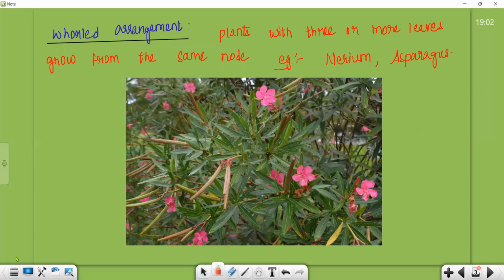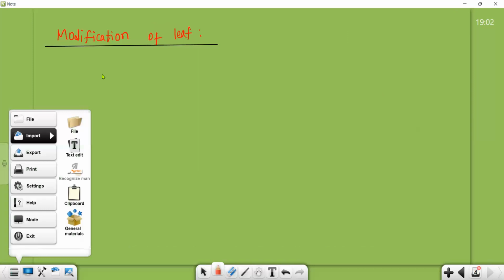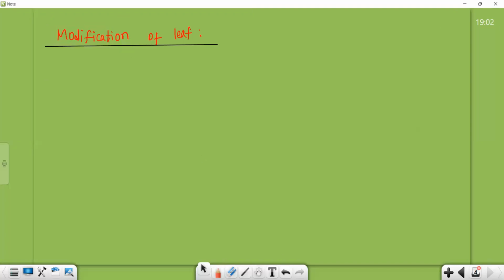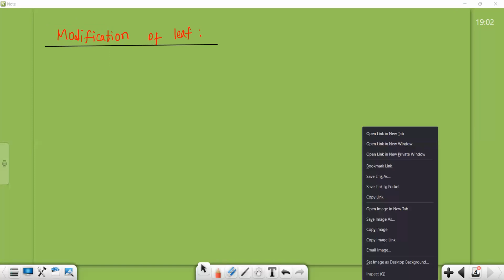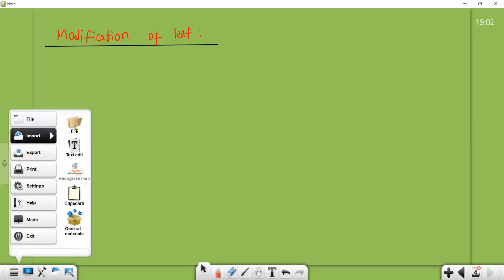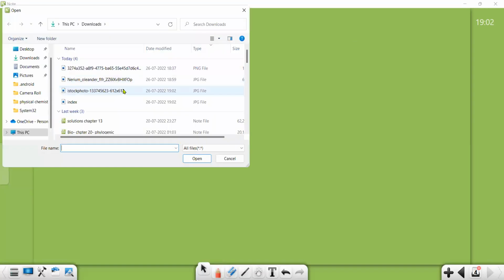Okay. So if you take an example like a plant which is called Nepenthes, which is a pitcher plant. Nepenthes. Do you have an idea of this plant, students? Let me show you.